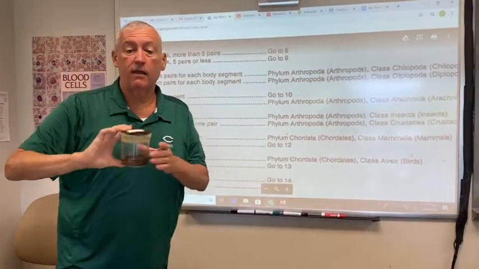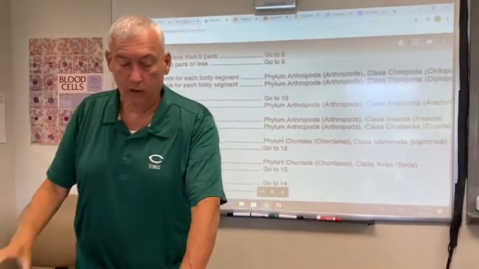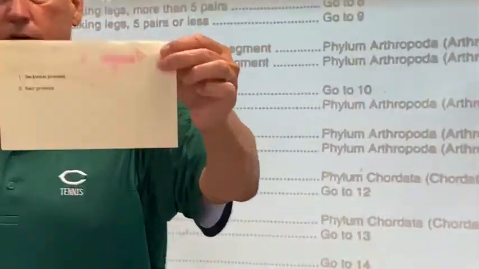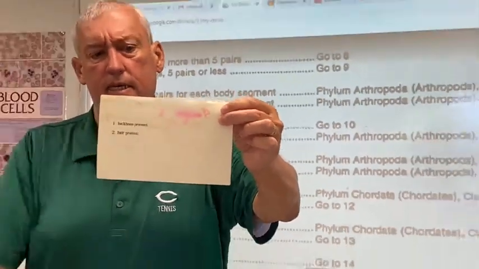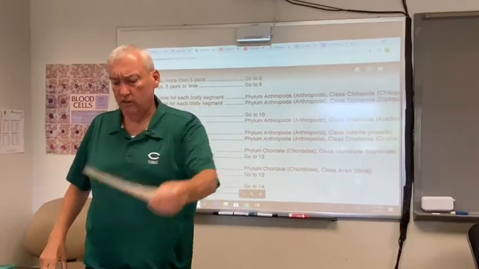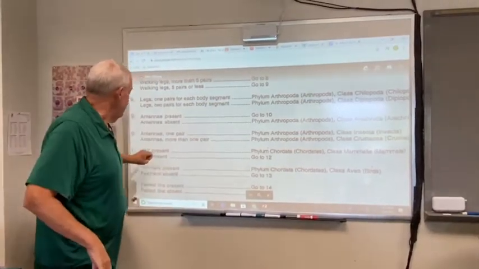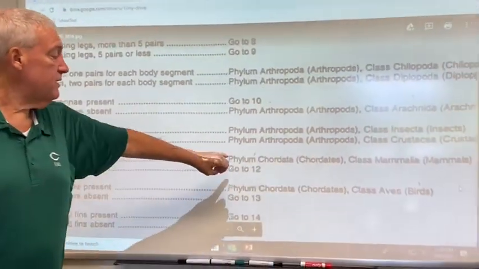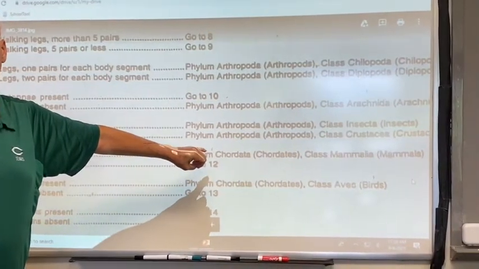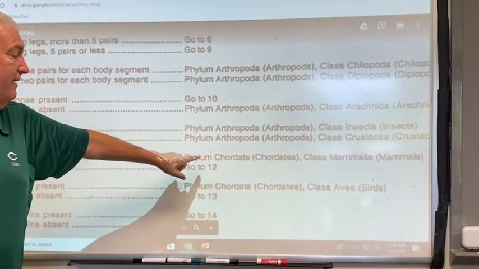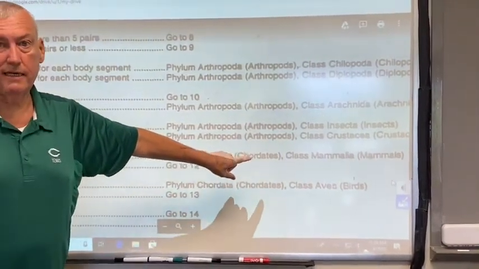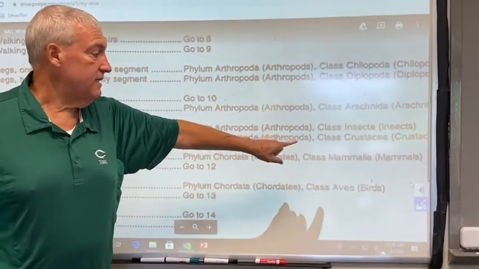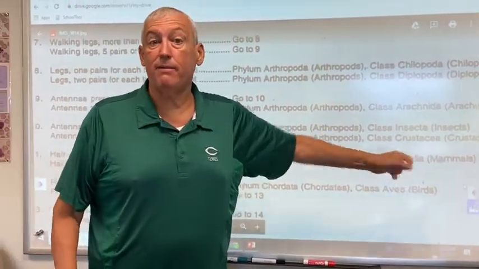Again, if you're not sure, we can look at the back of our card, and it says hair present. So where it says hair present, we go across and we are done. We know that the bat is phylum Chordata, and it is class Mammalia. It is a mammal, just like we are.